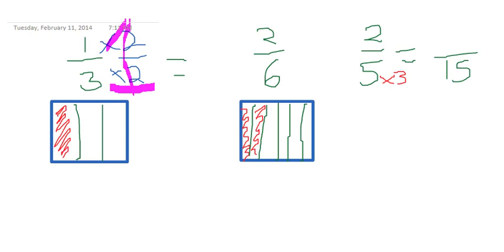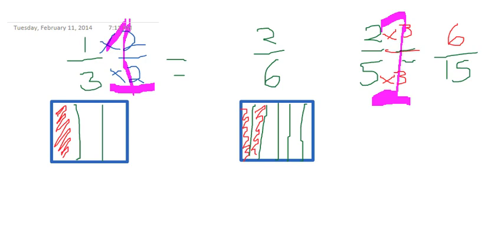But if we do that on the denominator, we must do it to the numerator. 3 over 3 equals 1. 2 times 3 equals 6. 5 times 3 equals 15. 2/5 is the same as 6/15.